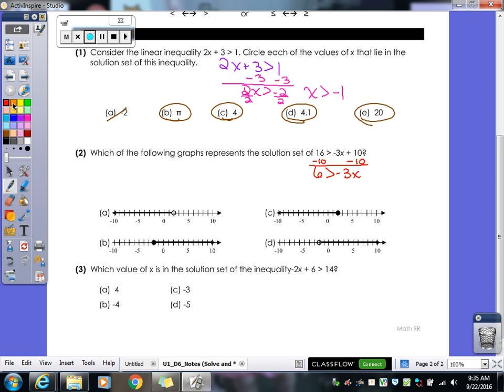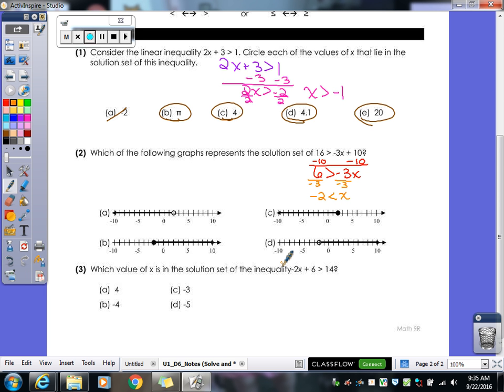And then what do we divide by? Yeah, we're going to divide by negative 3. So that means our inequality is going to flip. So 6 divided by negative 3 is negative 2. It now becomes a less than, and then your x. So negative 2 is less than x.